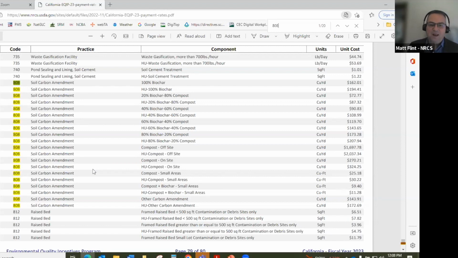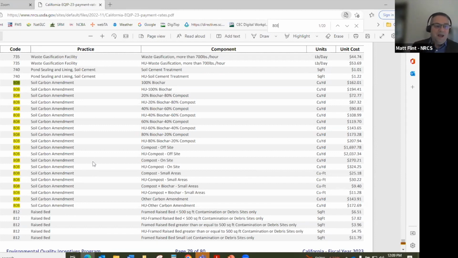They're not costs, they're payment rates. It's basically the rate that the NRCS will reimburse the participant at on a per cubic yard basis. I guess the per cubic yard quantity is going to be determined by the extent needed and the intensity of treatment. I think Michael's presentation will be able to elaborate on that.